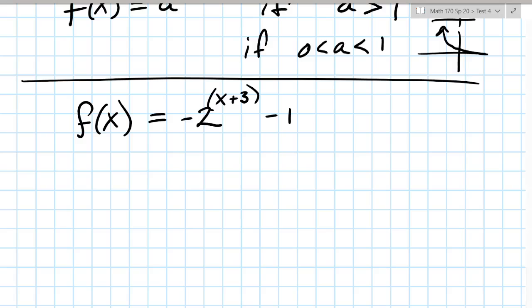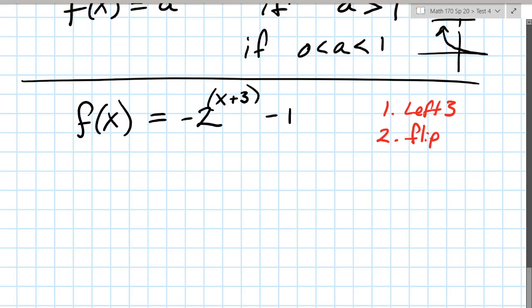First thing we notice is we're going to move to the left 3. Then we see a negative in front of the 2, so that's going to flip over the x-axis. That is, it's going to flip it down. And then we see that minus 1, and that minus 1 brings us down 1.